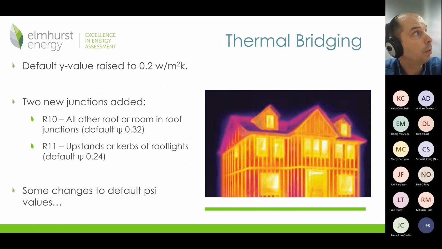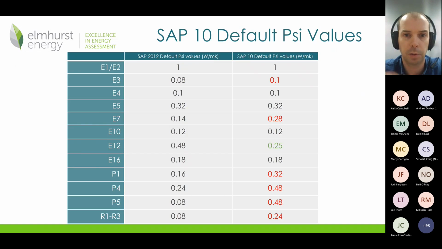There's a couple of other junctions that SAP assessors need to measure relating to room in the roof scenarios, and some default site values. So these are if you've got an individual junction which you don't know a detail for, you have to use a default site value. And again, some of those have been increased as well. So it can make homes that have party walls and rooms in the roof quite tricky to comply if the assessor and the developer can't find a detail to avoid using that default.